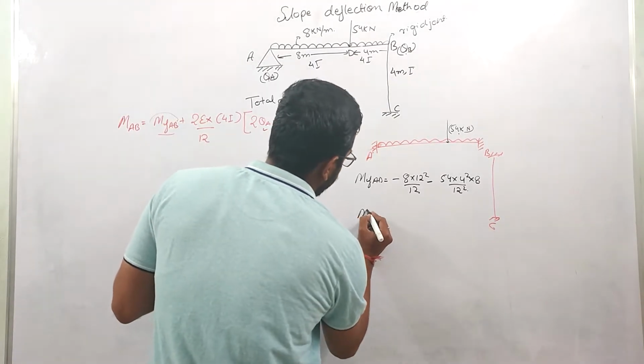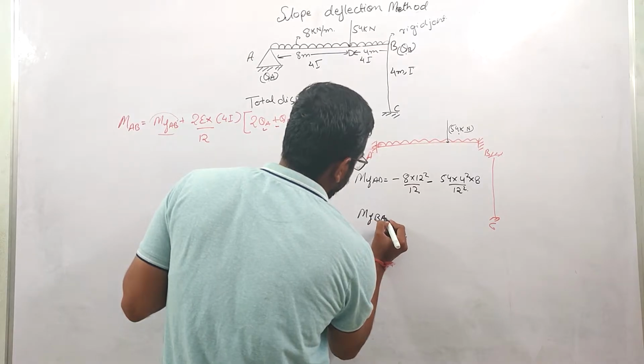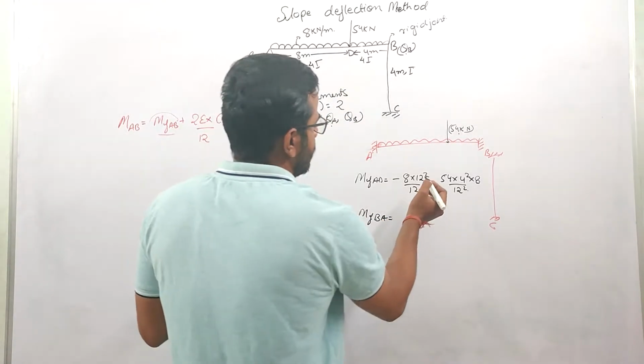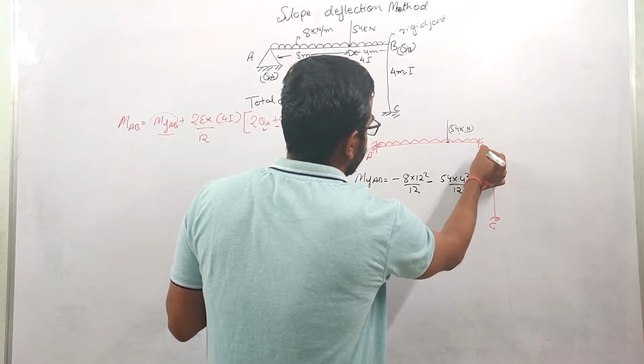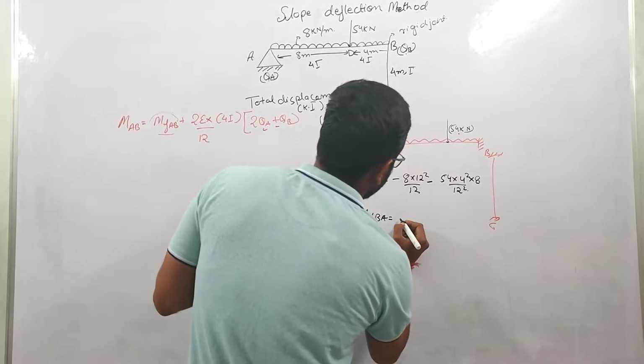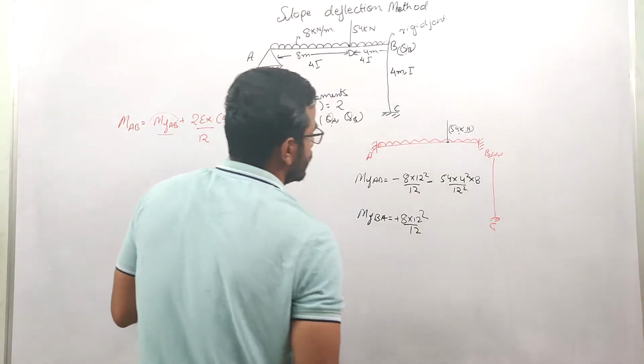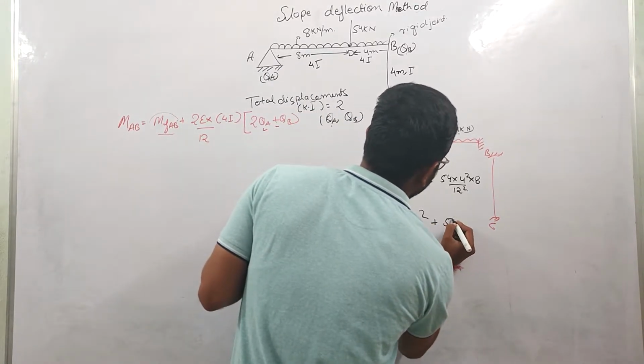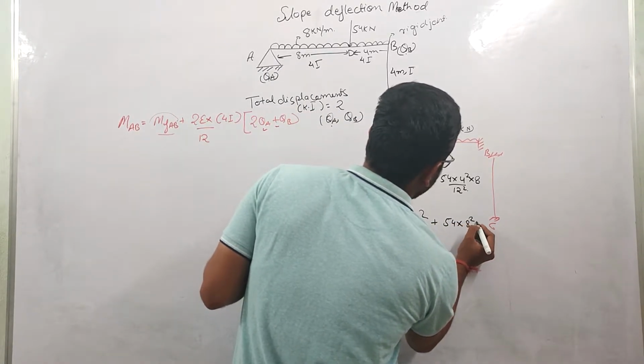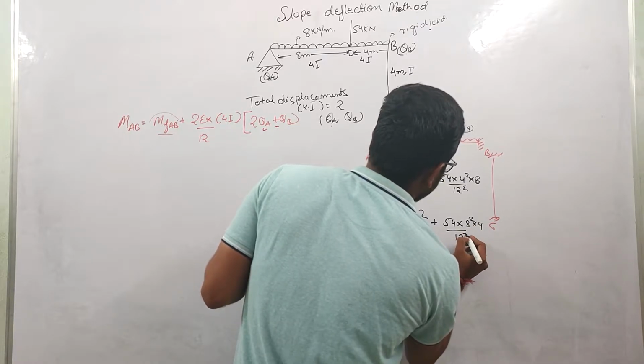Similarly, we can calculate the value of MFBA. MFBA means the fixed end moment generated at point B. That will be equal to 8 into 12 square over 12, clockwise, plus 54 into 8 square into 4 over 12 square.